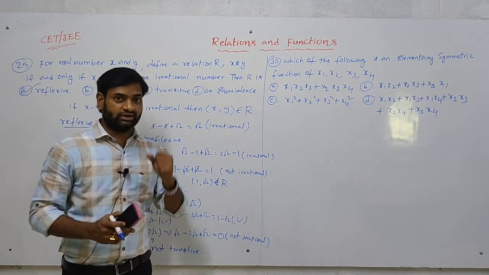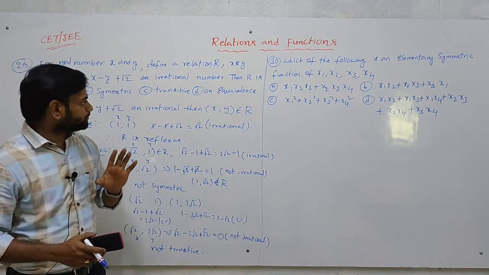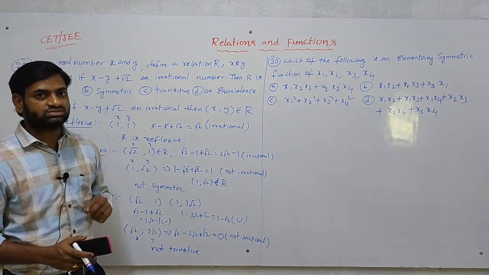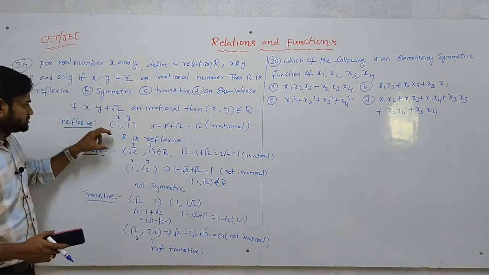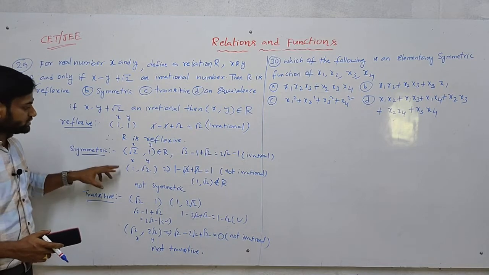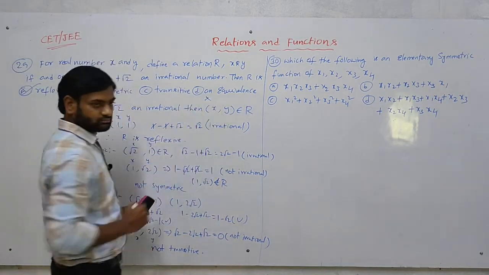And one more here, simple logic. Here there is no need to check transitive also. First you check reflexive here. Next one is not symmetric. Not symmetric means automatically not equivalence.